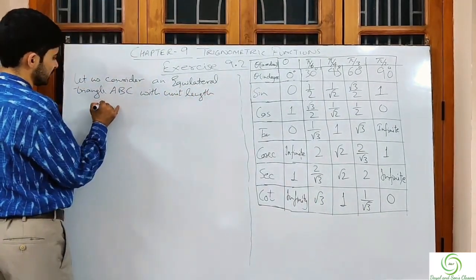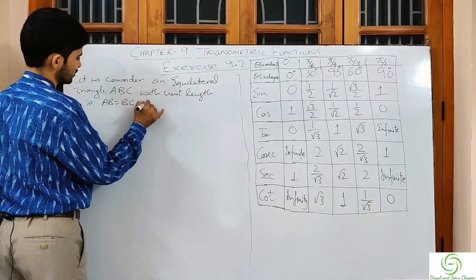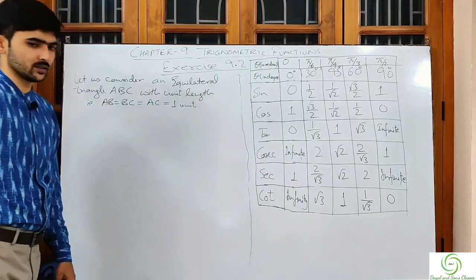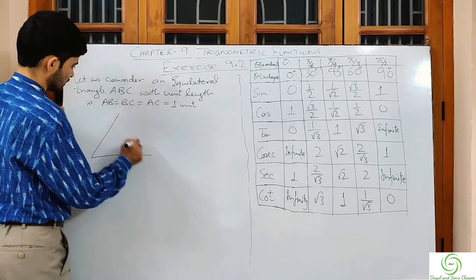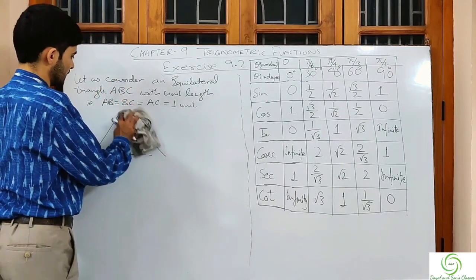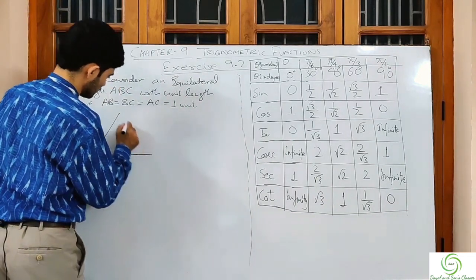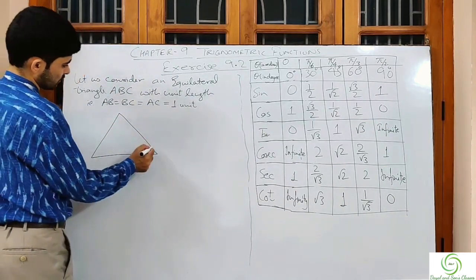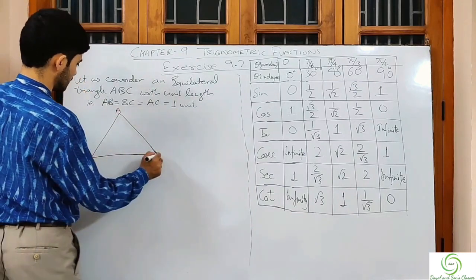That is, AB equal to BC equal to AC is equal to 1 unit. Let us draw the triangle. A, B, C.